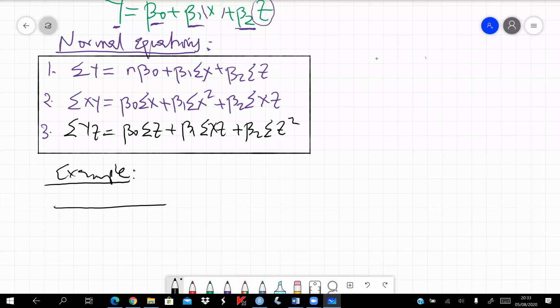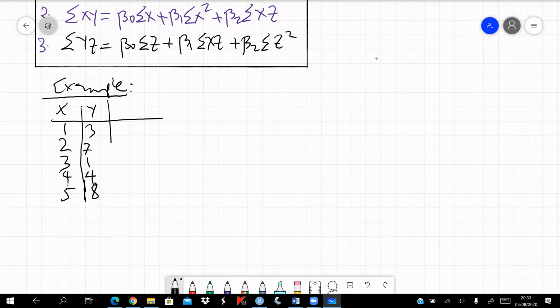I want to check x, let's take 1, 2, 4, 5, then y, then Z, and guess some values of Z. I hope the numbers will not be problematic. I'm hoping this data will behave very well.